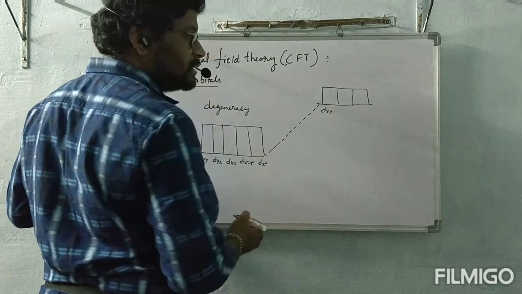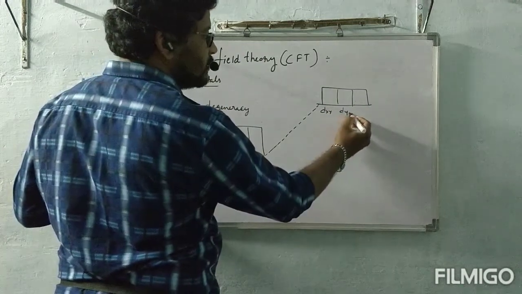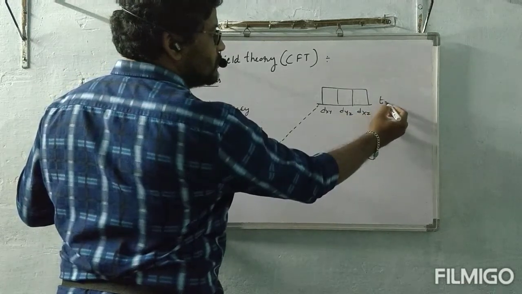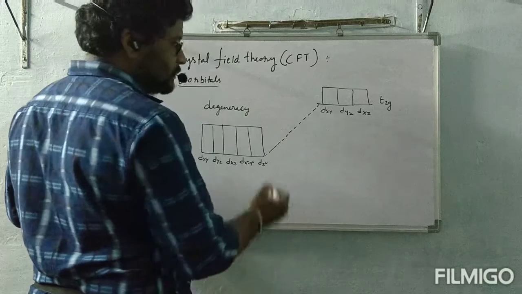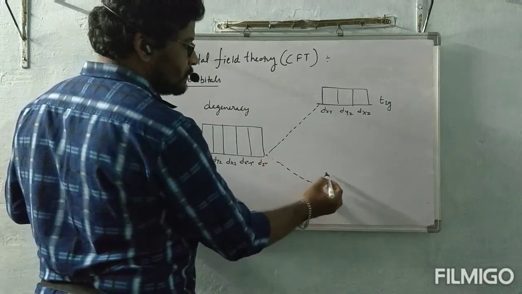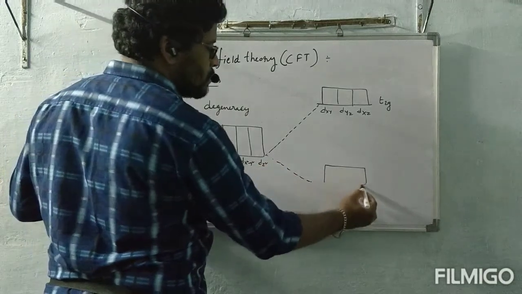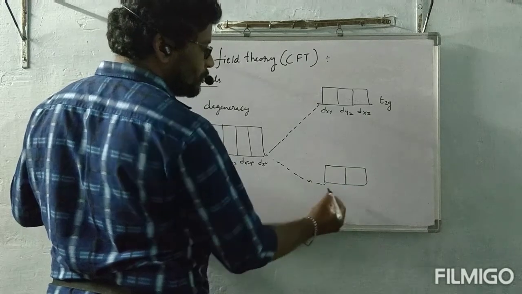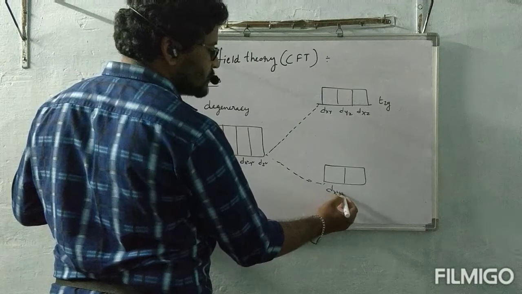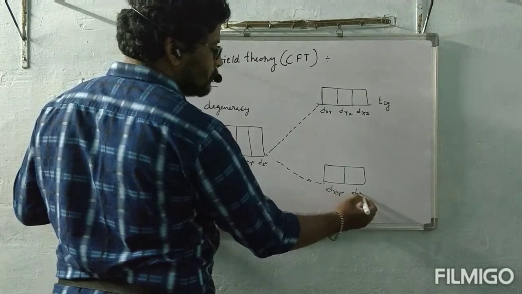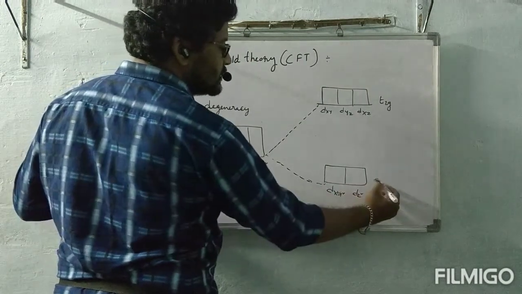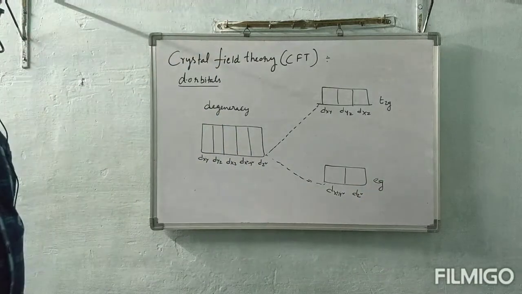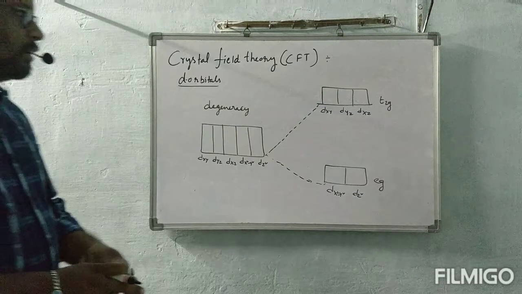Identical orbitals are there: dxy, dyz, dxz. This is T2G set. dx square y square, dz square. This is EG set. Observe this carefully, all of you.